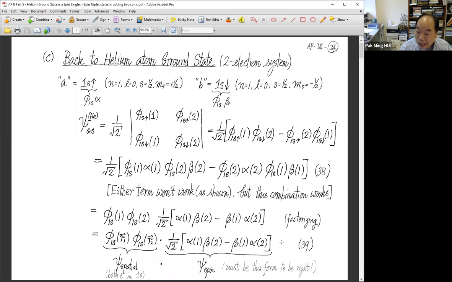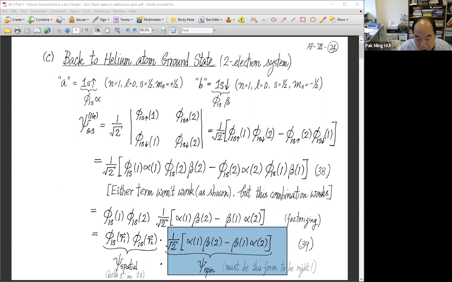Maybe for the excited state, could we have spatial part being antisymmetric and spin part being symmetric? The product is still legal. Okay, now that is why I picked this point up here. In fact, we will have that possibility in the excited state, but not in the ground state.